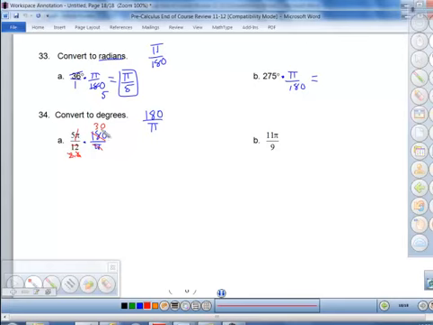And then 2 goes into 30 15 times. And then I have 5 times 15. What's 5 times 15? 75 degrees. Okay? Yeah, that's 75 degrees. All right. So that's how you do that one. I would say try this one on your own because you need that practice.